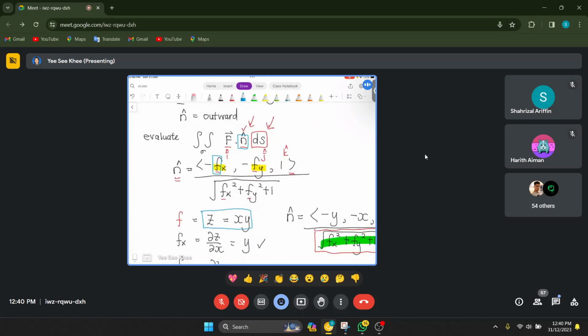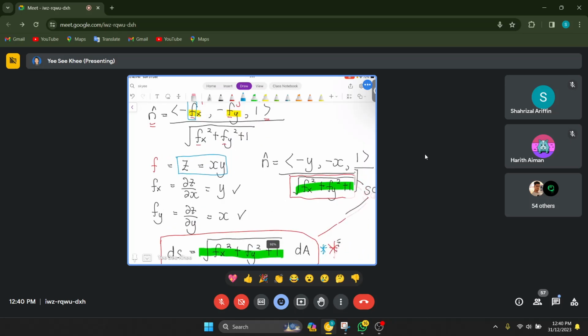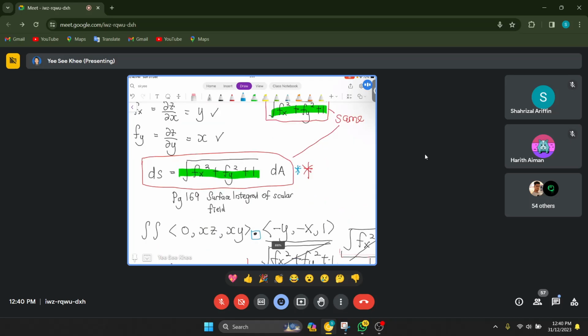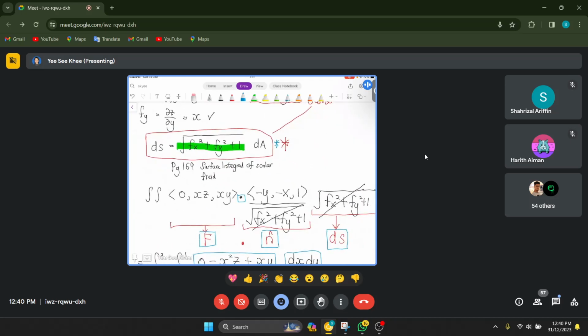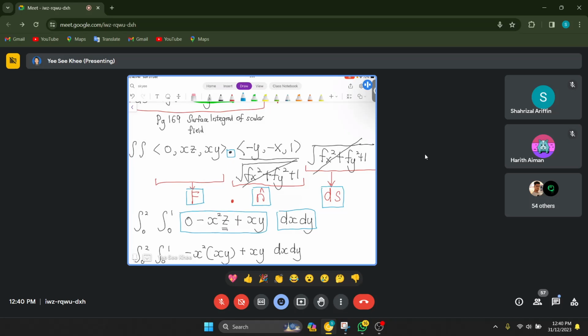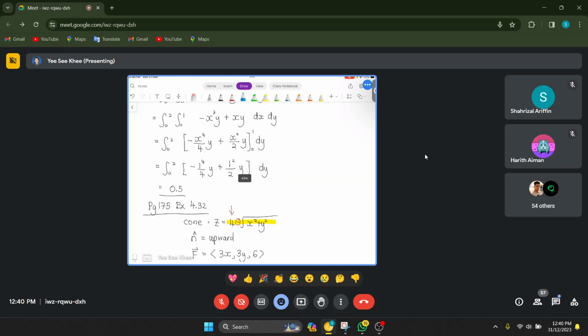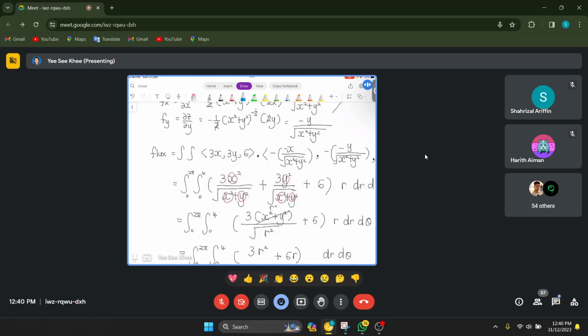Next is just to replace them into your surface integral equation, and the dx is something that you can cancel with the unit normal vector. Then perform the integration as usual, and of course you have to define the interval first. So this is about the surface integral.